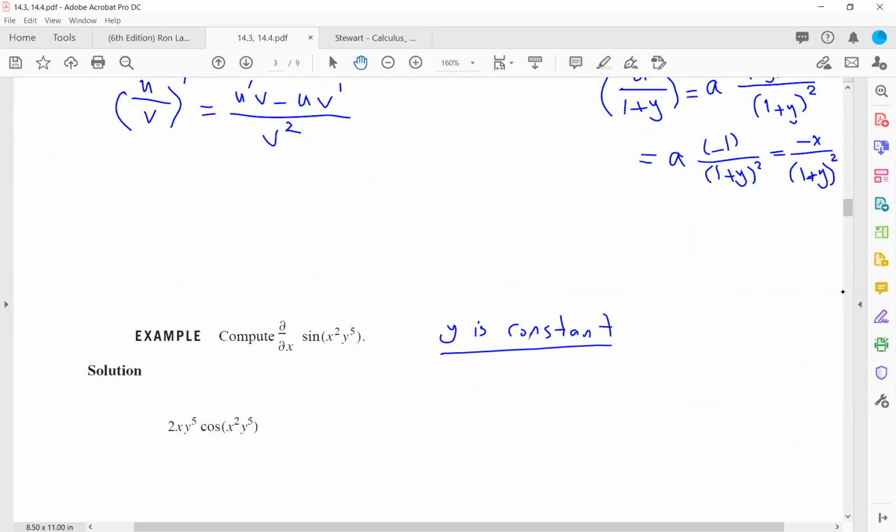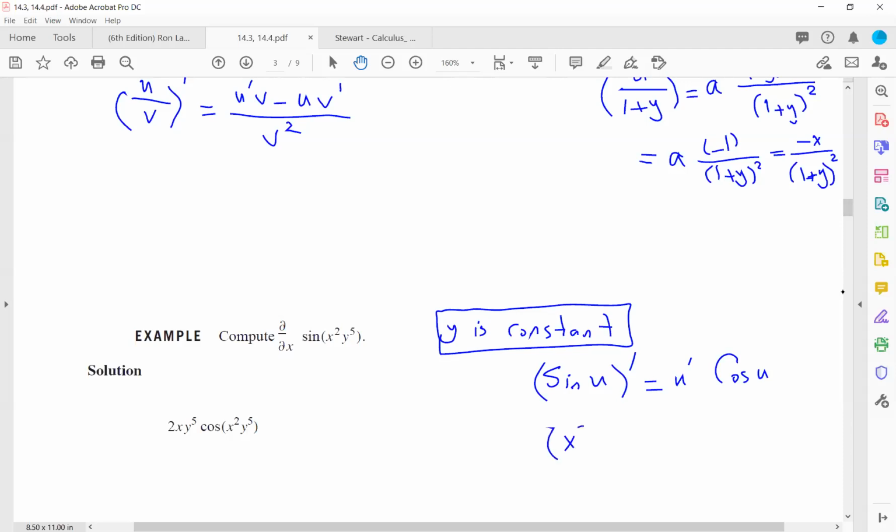Okay, y is constant, and we are taking the derivative of sine of u. The outcome using the chain rule is u prime cosine u. So we have to take the derivative of x squared y to the fifth with respect to x.